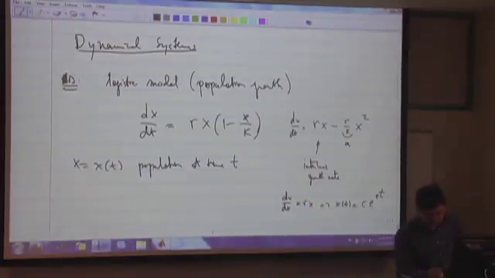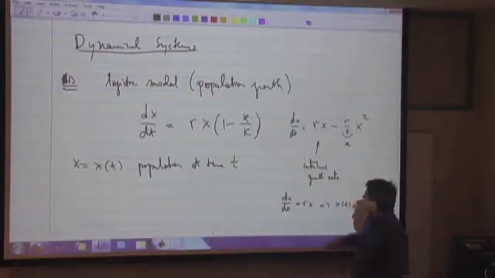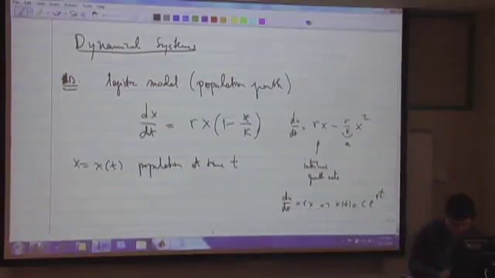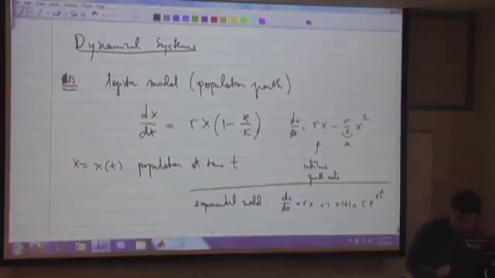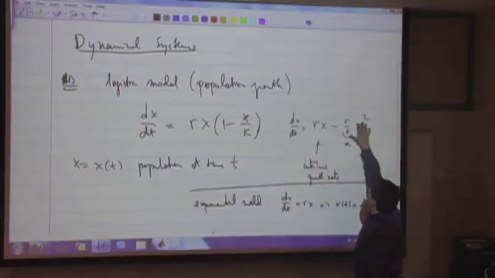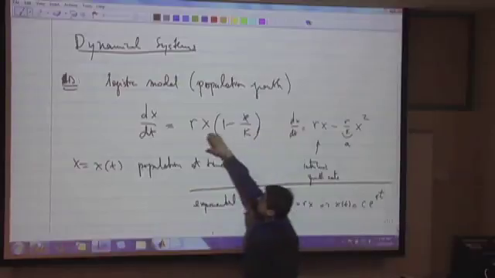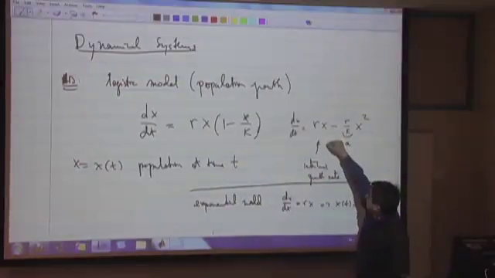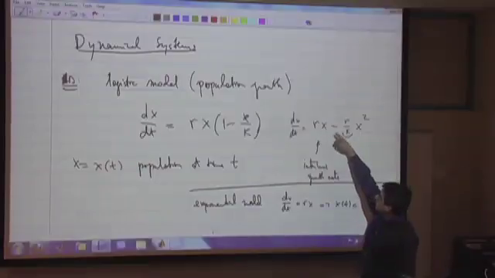Again, this is not the only one, and we'll see other models, but this is considered to be the next simplest from exponential growth. Okay, so this would be just the exponential model. All right, and why do we prefer to write it in this form rather than in this form, which is probably more intuitive?